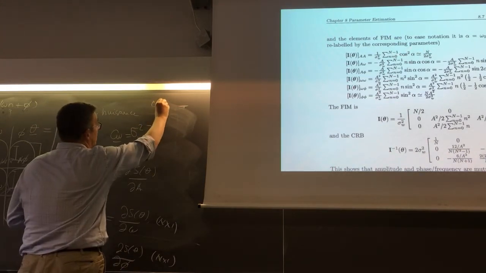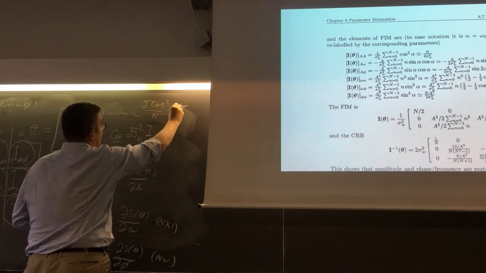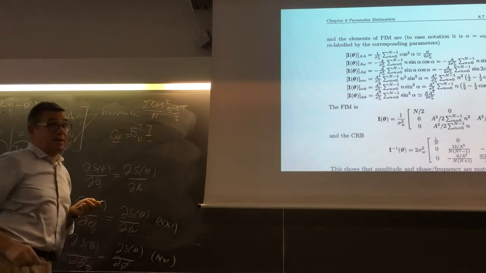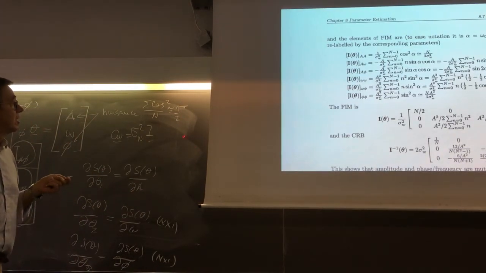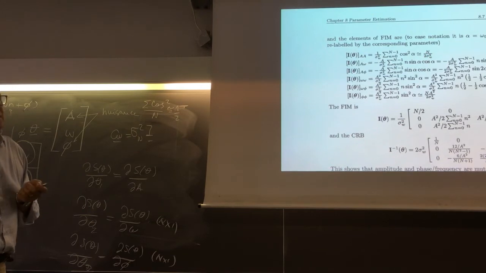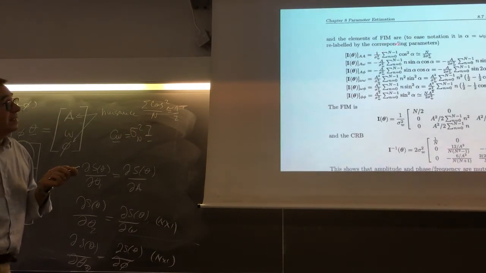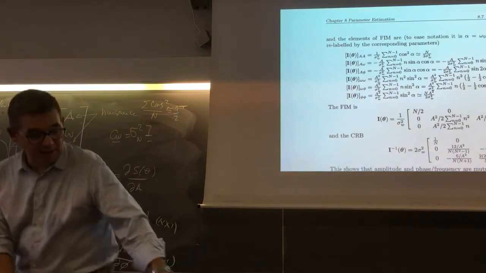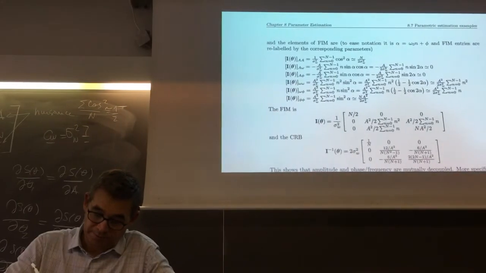We know that the sum of cos square divided by n is approximately equal to 1 half when the number of samples is very large. So that means that the sum of cos square is equal to n divided by 2 times sigma square. This one, 1 over sigma square, is the covariance in the beginning.